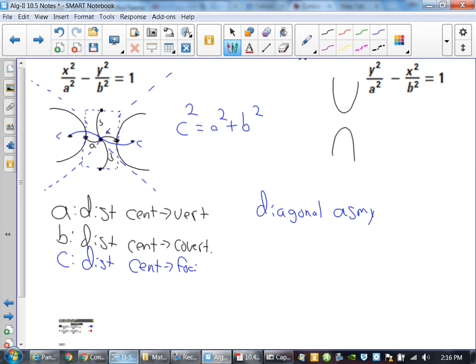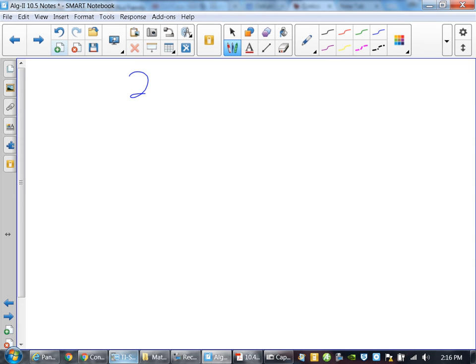Asymptotes? Yeah, remember the whole thing of I'm not touching you, I'm not touching you. You can get infinitely closer and closer and closer to something without touching it. That's what an asymptote is. It's the idea of being able to do this. What can't x be? 1, because you can't divide by 0.